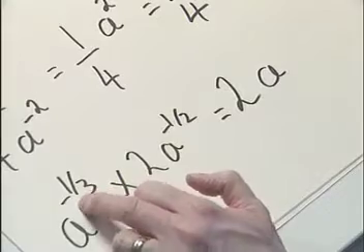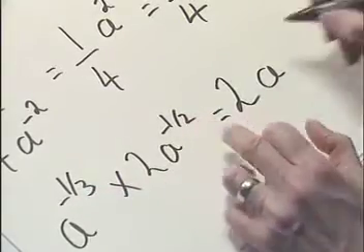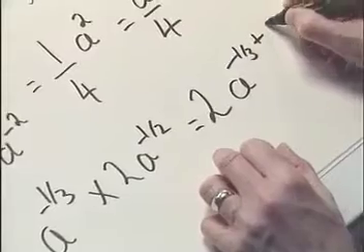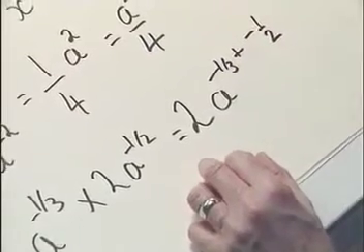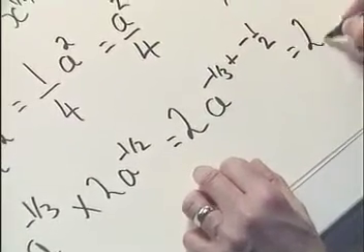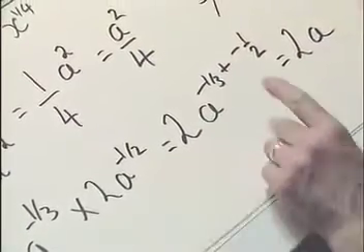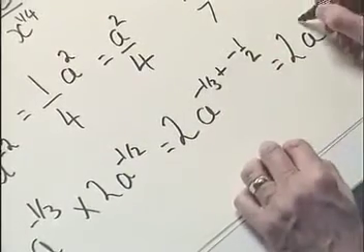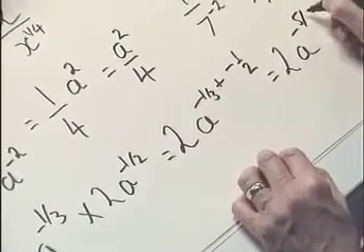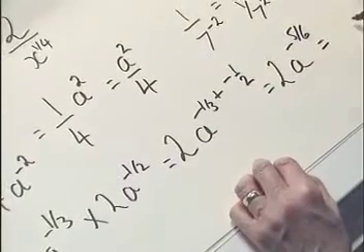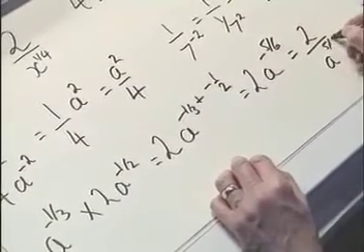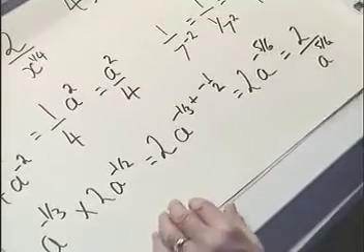So minus a third plus minus a half is going to give us 2a to the power. Now, a third and a half is 5/6, so with the minus signs, that is minus 5/6. And so that's 2 over a to the power 5/6.